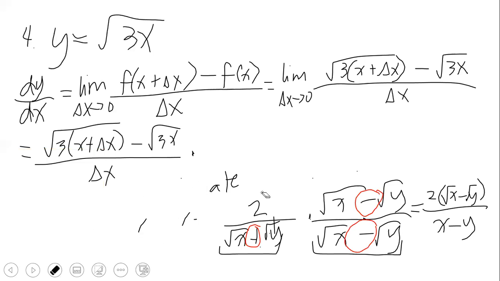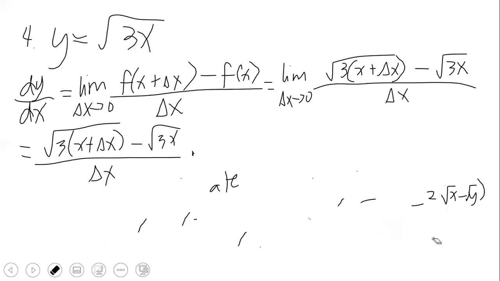So let's go back with our example. So example natin, we have already the term square root of 3 times the quantity x plus delta x minus square root of 3x all over delta x. So multiply natin by its conjugate and rationalize also. So sabay.